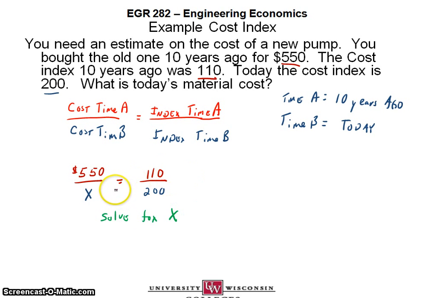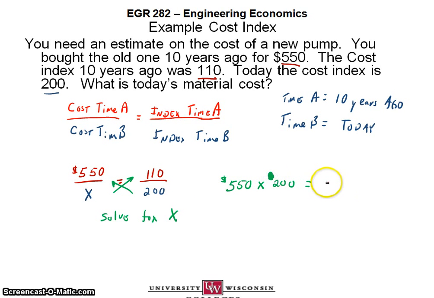We can do that just by simply cross multiplying. So we would have $550 times 200. And you see that these are unitless. On both sides we have dollars over dollars, and then cost index over cost index, equals... oops, this isn't $200, sorry.